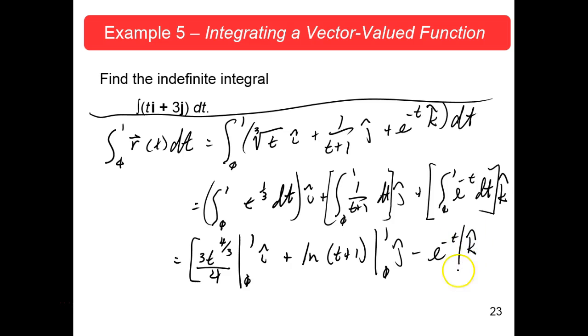And this is evaluated from 0 to 1. Okay? So this one, no plus c required, because these are definite integrals.